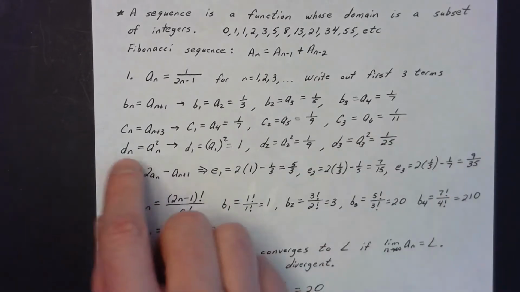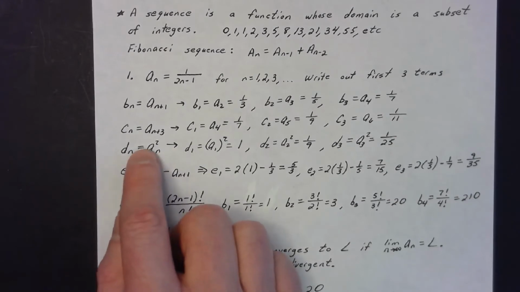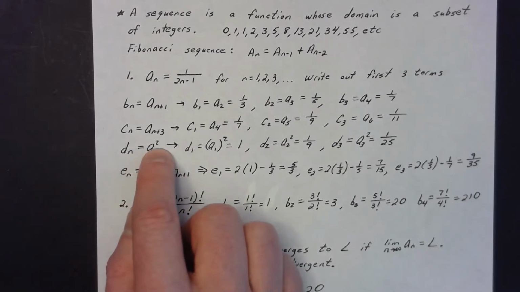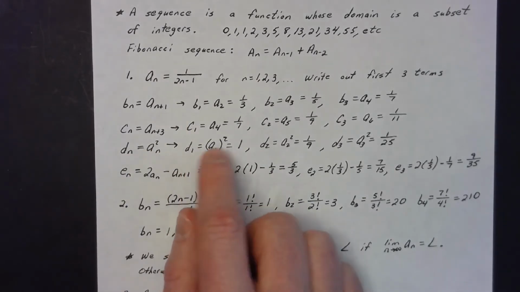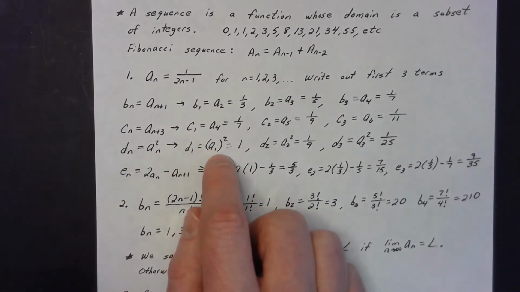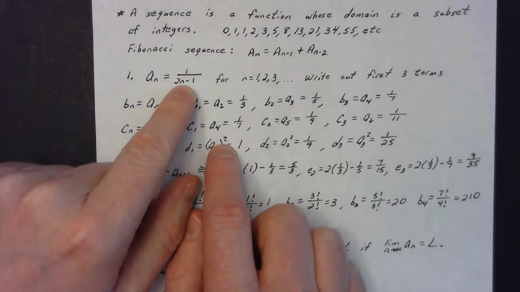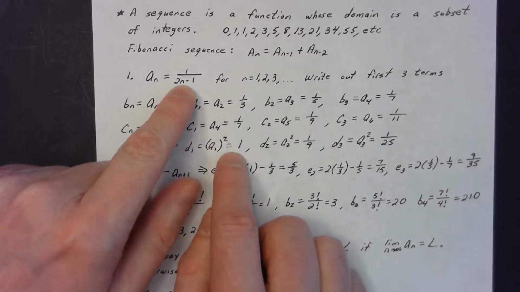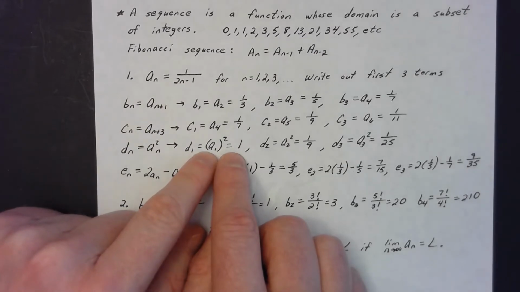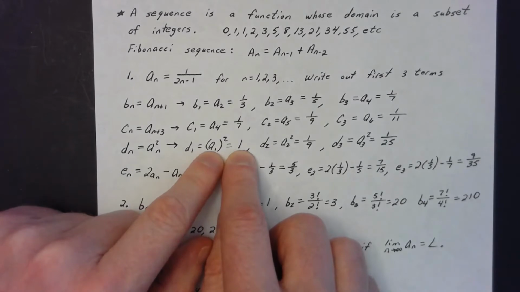Now, what if I say d sub n is the defined sequence where it's the sequence a sub n quantity squared? No problem. Then d sub 1 is whatever sequence a is evaluated at 1, quantity squared. If I evaluated a at 1, I would get 1 over 2 times 1 minus 1. That's just going to be 1 over 1. Since a is 1, then d is also 1, since it's 1 squared.